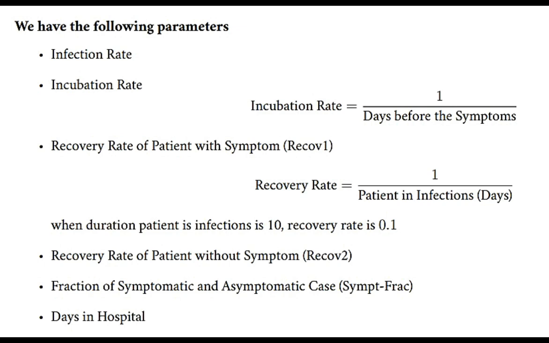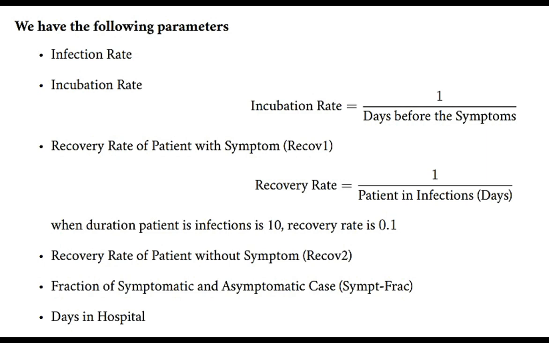It is reasonable to set it differently, now that we can expect the asymptomatic patient will recover faster than the one with symptom. We also need a parameter of the ratio between the symptomatic and asymptomatic cases. When fraction is 0.8, this means that 80% are patients with symptom and the rest 20% are patients without symptom.